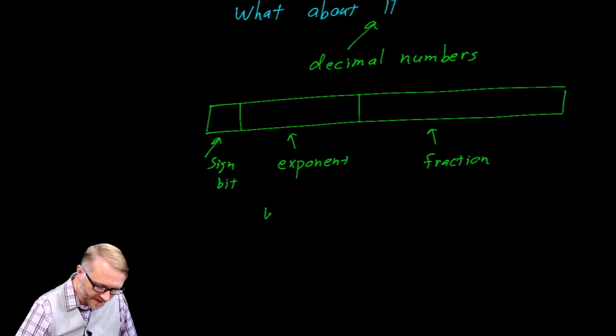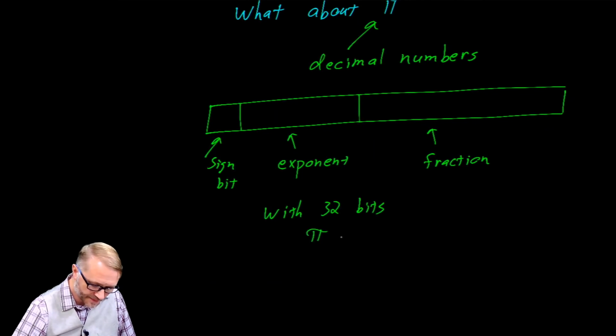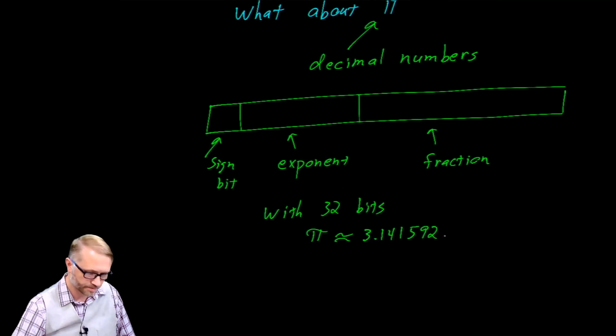With 32 bits, a constant such as pi is approximated as 3.141592.